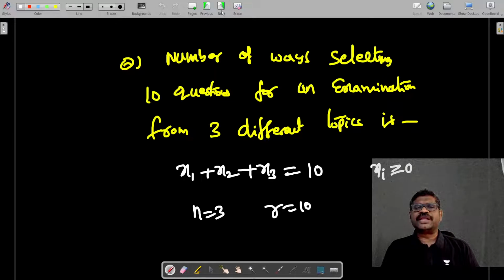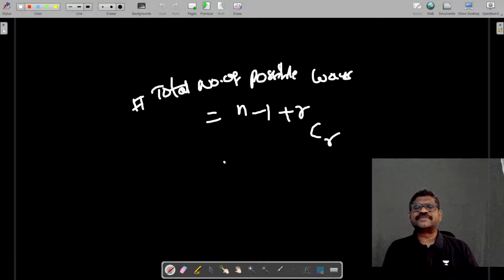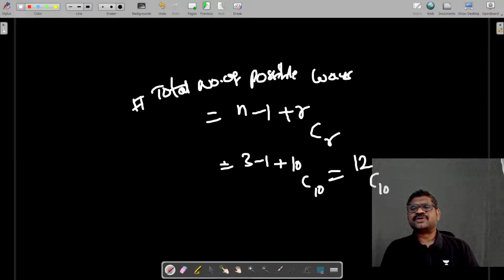N value 3, r value 10. 3 minus 1 plus 10 C 10, that is 12 C 10. 12 C 10 or 12 C 2 you can write, because nCr equals nC(n minus r). 12 C 10 is nothing but 12 C 2.